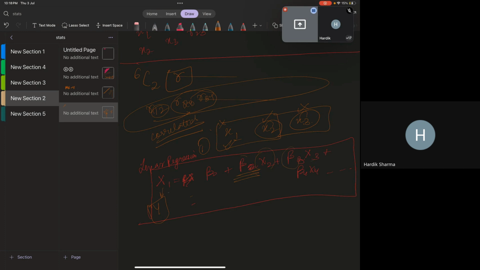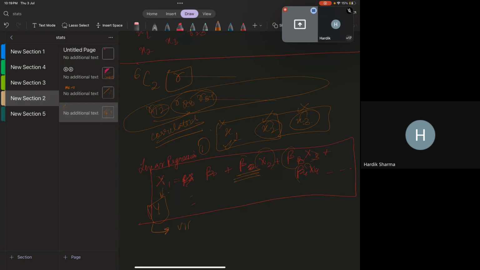This will tell me how x3 is affecting x1. This will tell me how x4 is affecting x1. Yes or no? A good method? Yes or no? Okay.